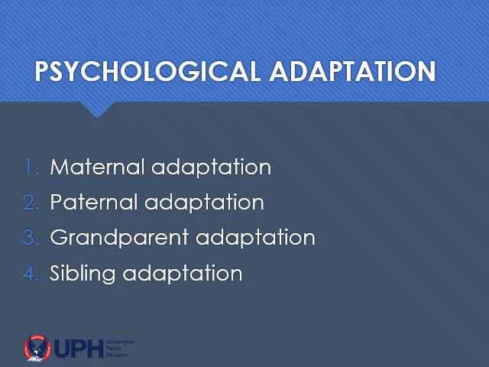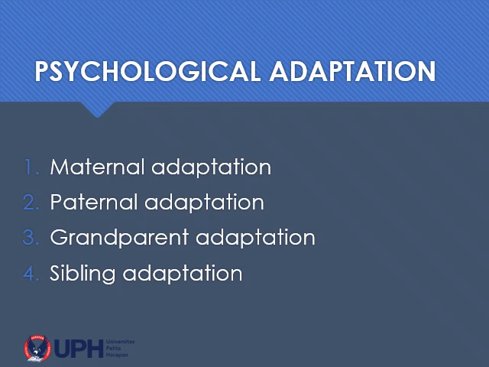Then we have what we call grandparents' adaptations, because sometimes it's difficult to accept that somebody is pregnant, but sometimes it's also very delightful to know that the parents are now going to become grandparents. It comes with a lot of expectations and a lot of adaptations, which also need to be embraced diligently towards the mother, father, and grandparents.